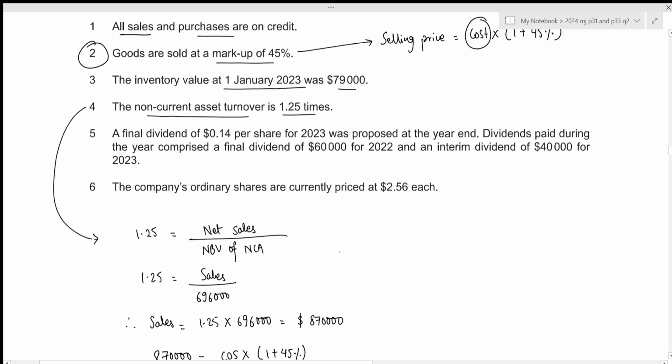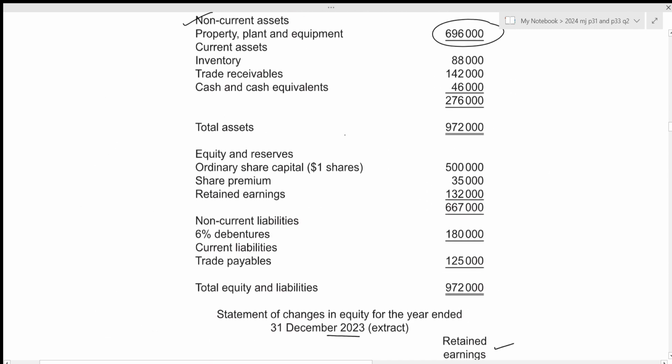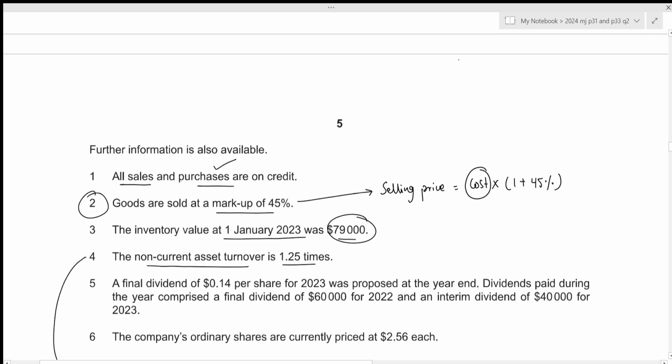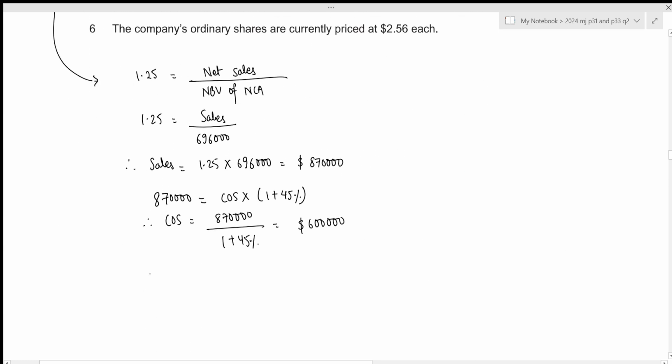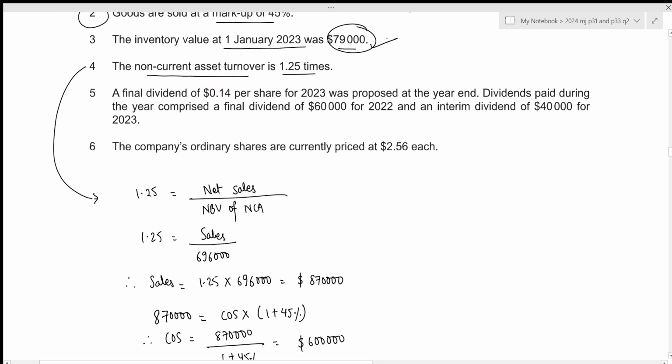Then from the cost of sales, we can calculate the purchases value because we have our opening inventory of 79,000 and we have our closing inventory right here of 88,000. The formula for cost of sales is opening inventory plus purchases minus closing inventory. This should be equal to 600,000. The opening inventory is given to be 79,000.